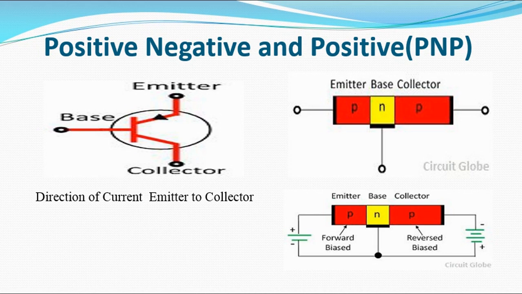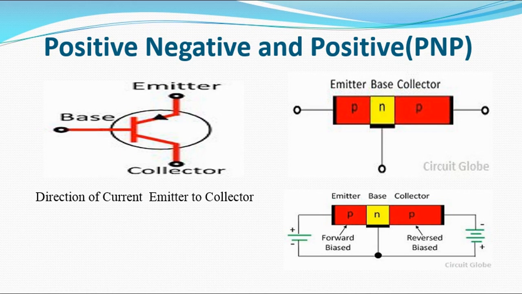So let's move forward again. The ground signal of the NPN transistor is kept low, whereas in PNP, the ground signal is high. So in terms of NPN the ground signal is low, while in terms of PNP the ground signal is high.